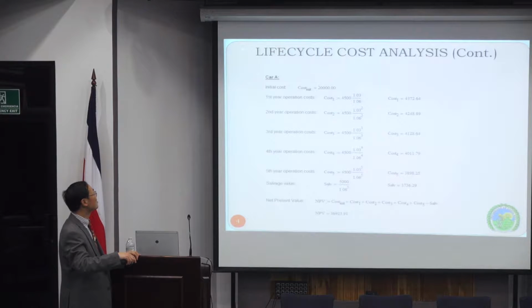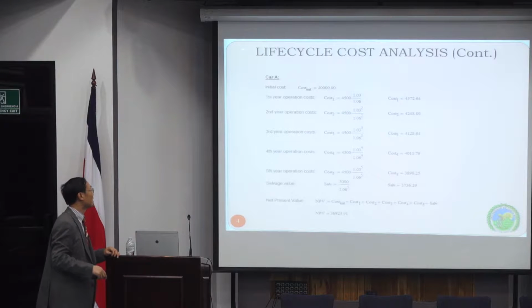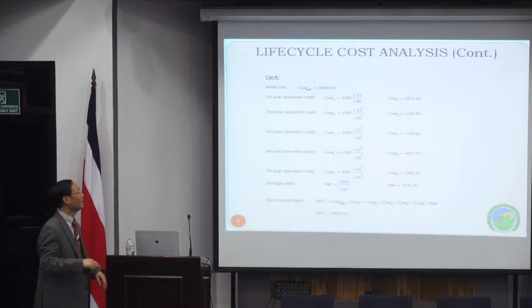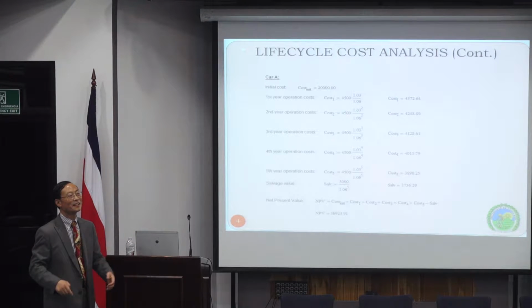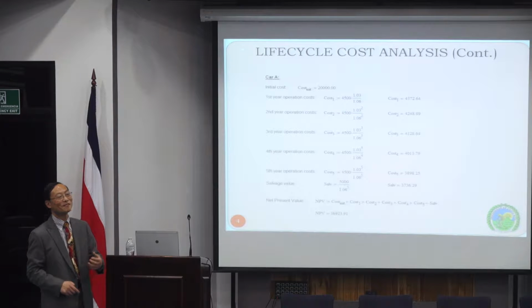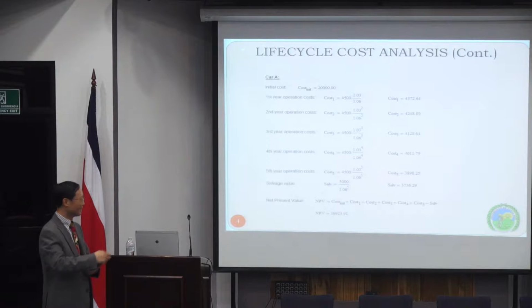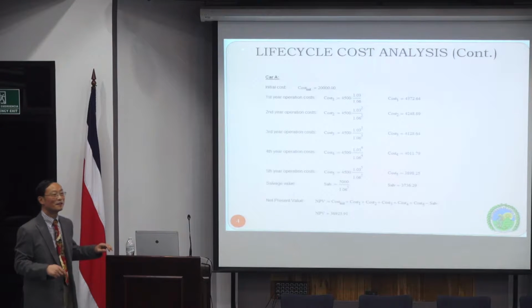Finally, how much money you spend is the initial cost plus 5 years of maintenance, minus the salvage value, and finally it comes to 36,900. In other words, if the car dealership says, you give me $50,000 and I give you free gas and free maintenance for 5 years, you say no, I don't want that, because the real cost is only that much for a 5-year project.